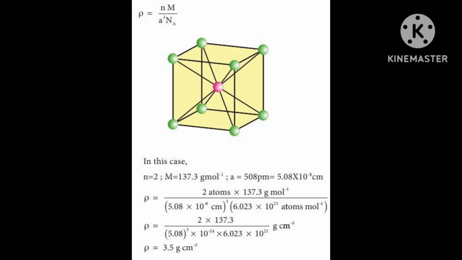Now if you know the volume, what do you have to calculate? How many atoms are present in 208 gram of the element? You came to know the volume of 208 gram, so in this volume, how many atoms are there? Here atom means number of unit cells.